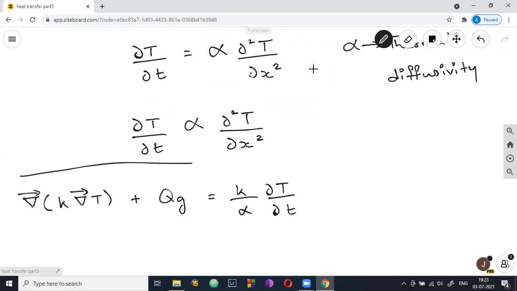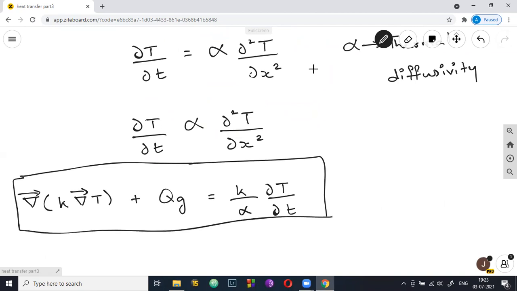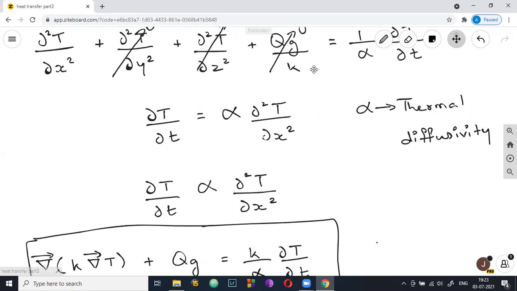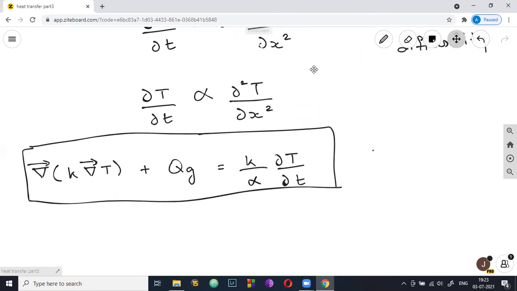This is one of the vector representations or generalizations of the heat conduction equation. Now this is assuming what? K is variable. Let me show the idea how it works out. Understood the scenario here?